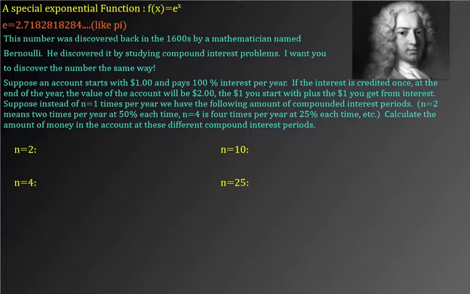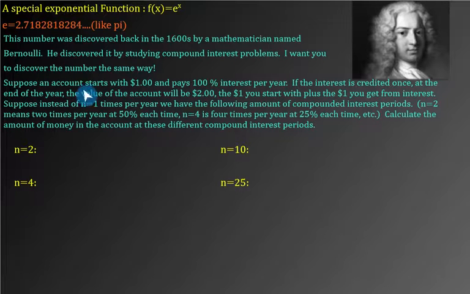And he kept noticing this number basically popping up, and it became like so important through his research that he was like, well, I might as well, instead of writing this whole thing down, I'm just going to call that thing E. And I notice it just shows up over and over and over again.